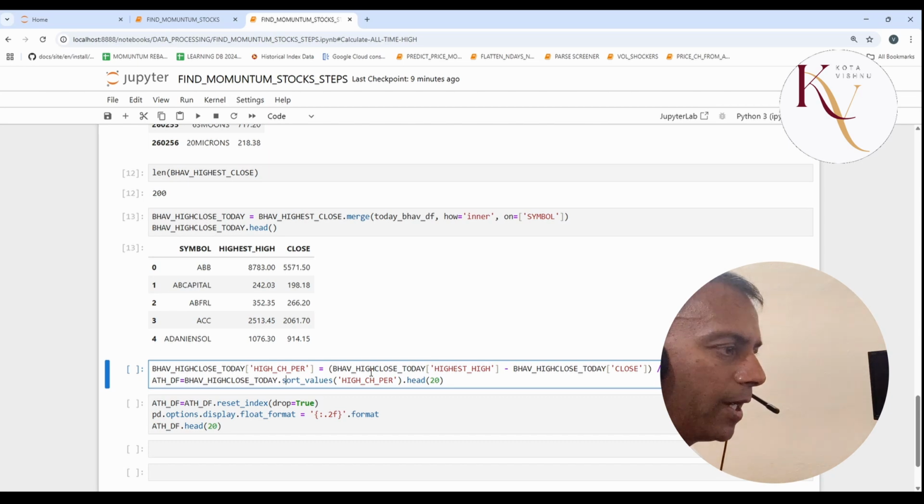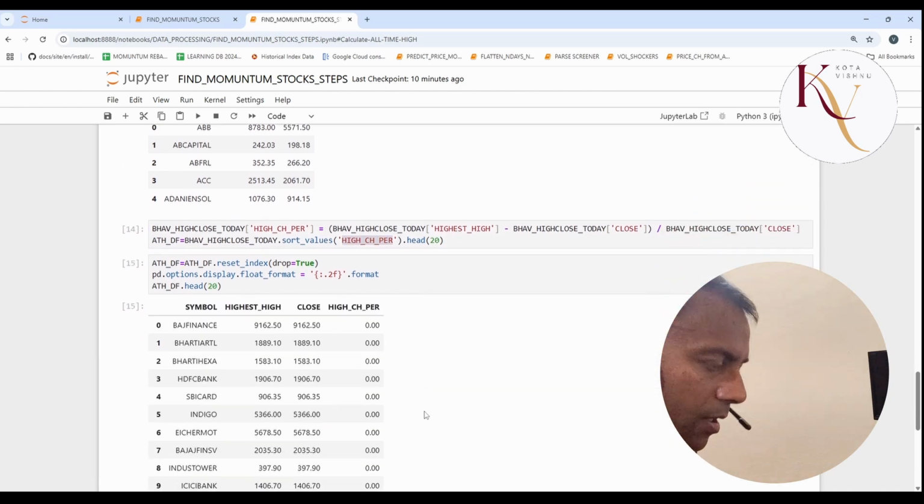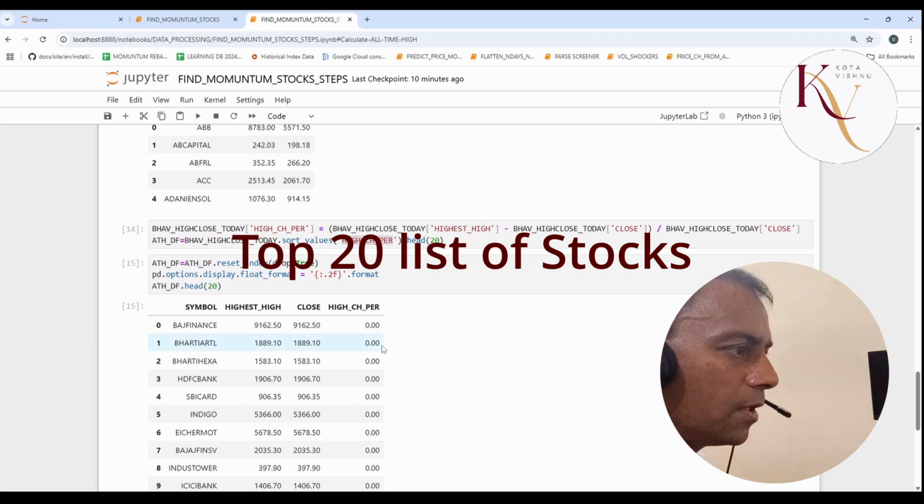Now we will find the difference, the change in percentage between the highest and the current price. Now we will sort them by the change in percentage. This will give the ascending order, that means the lowest one first. So here we got the list.